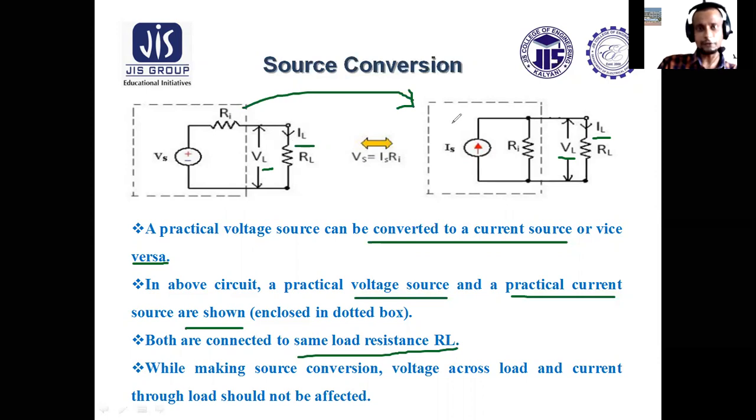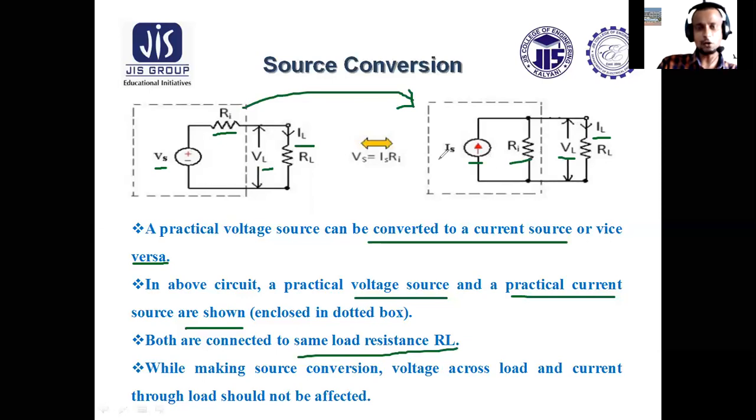So without affecting the voltage across the load or current through the load, we may make the conversion from voltage source to current source. And it is very well observed that the voltage source with series resistance can be converted to a current source with parallel resistance.